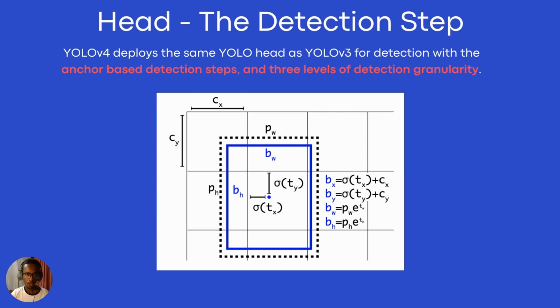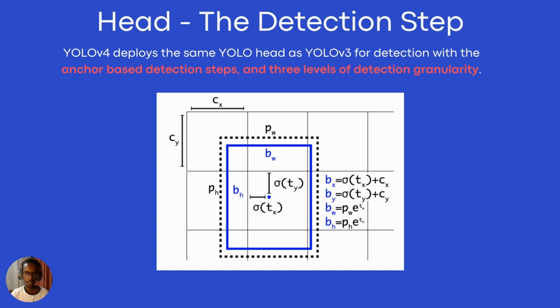So finally, on the head of the YOLOv4 paper, they used the same procedure that we have already mentioned on YOLOv3. In YOLOv3, we have already talked about anchor boxes and the bounding box predictions.